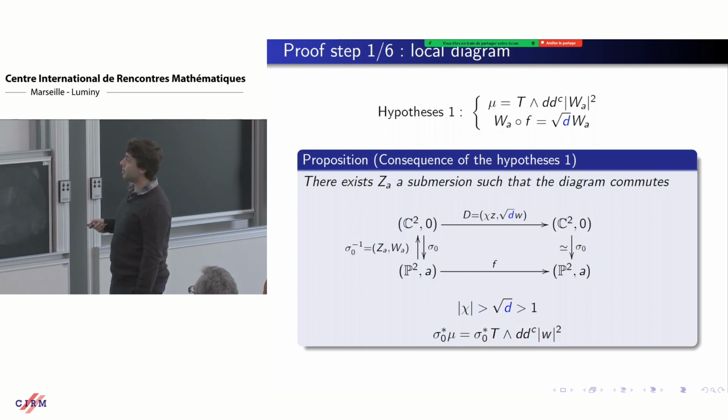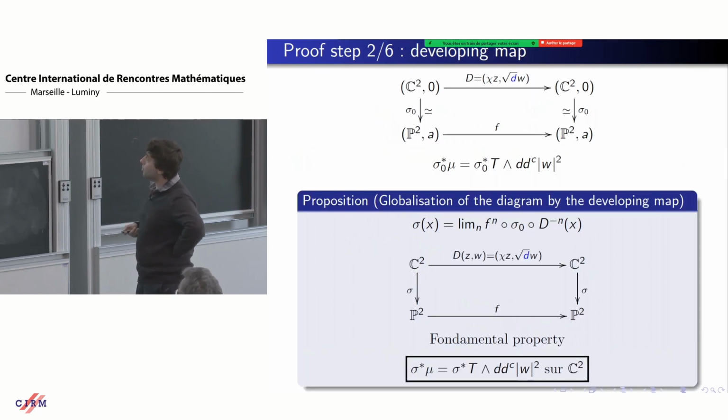But in my case, you have something that is new. It is this formula. You take the formula near the fixed point, and you pull it back near 0 in C2. And then you can globalize it using a classical construction that is called a developing map or Poincaré map.